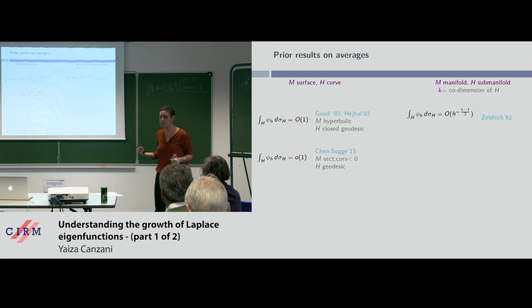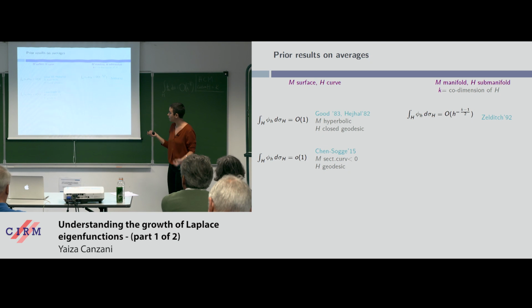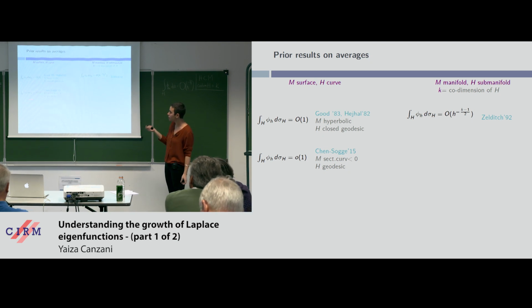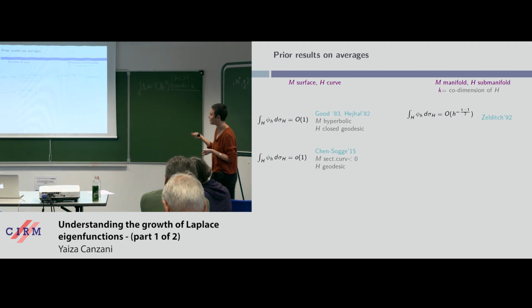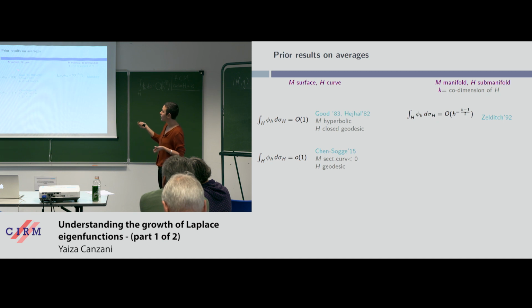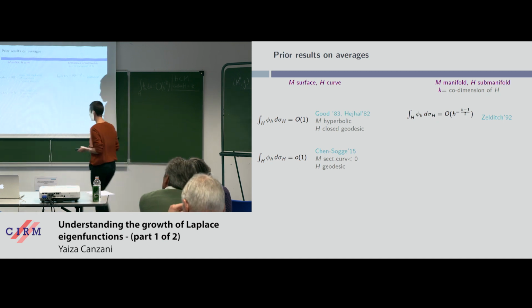OK, so how do you improve this result? Chen and Zhou, in 2015, working with geodesics and surfaces that have strictly negative sectional curvature, improved this constant upper bound to a little o(1).